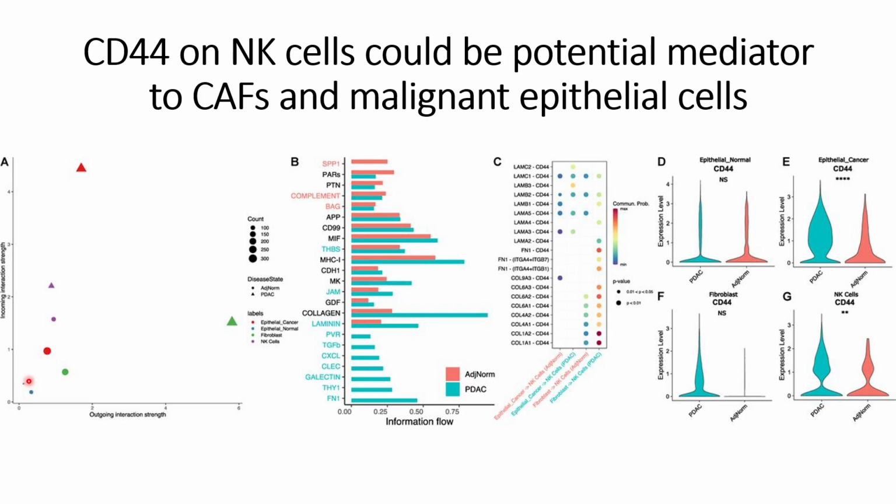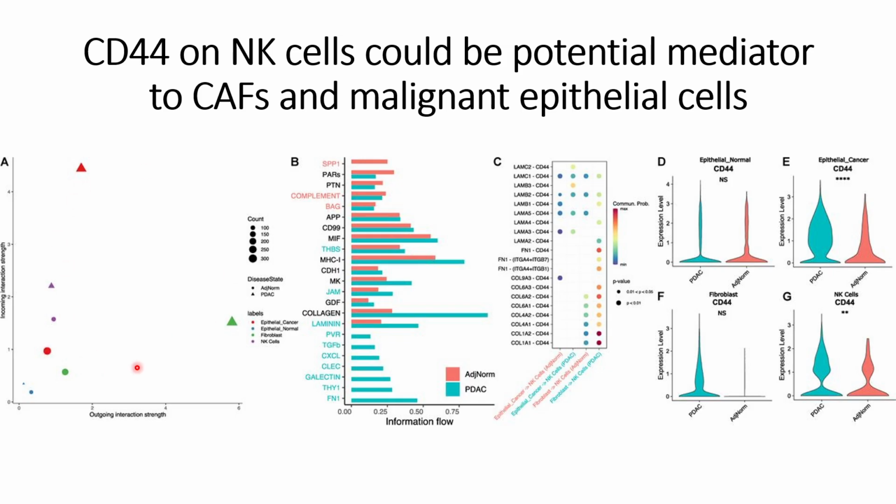So we can see that there is not much change in the normal epithelial cells between PDAC and adjacent normal, but there is a significant change in the fibroblasts between the PDAC characteristics and the normal characteristics. The same thing we have seen for the NK cells and also for the epithelial cancer cells.